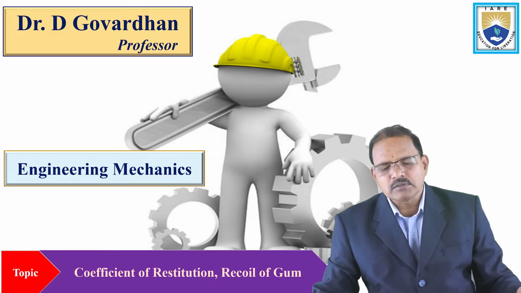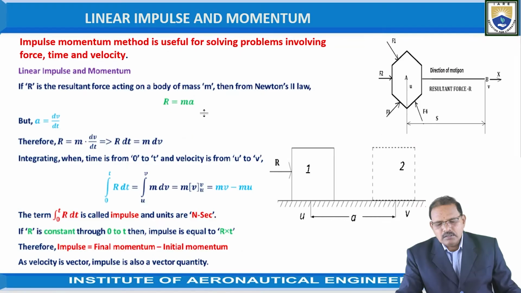Today's topic is the coefficient of restitution and recoil of the gun. Here we have considered an object having mass m, moving in a linear direction with a velocity u as shown in the figure.